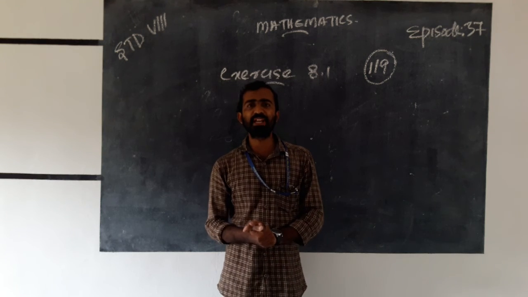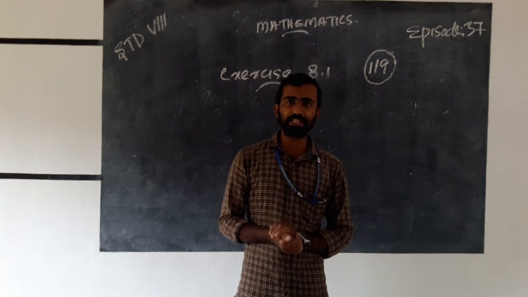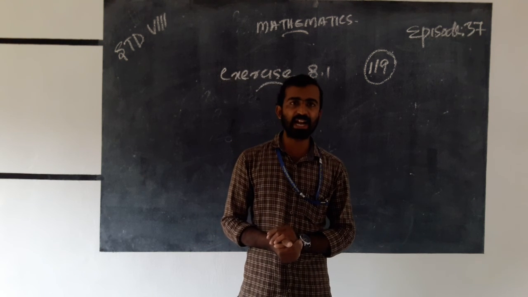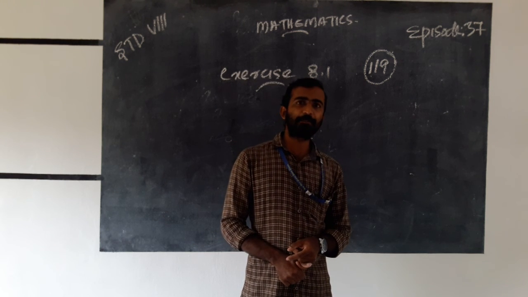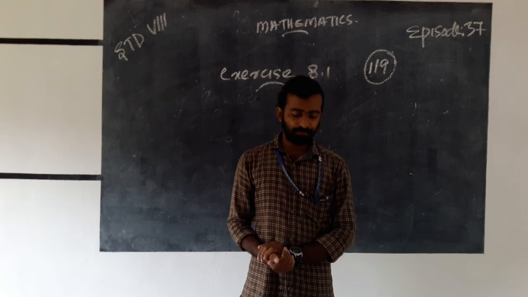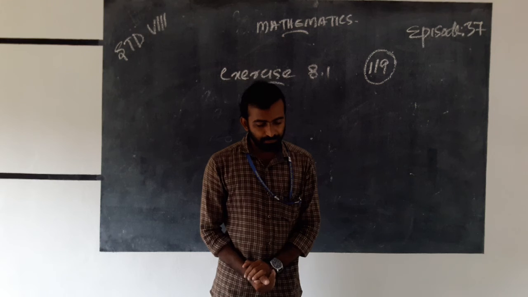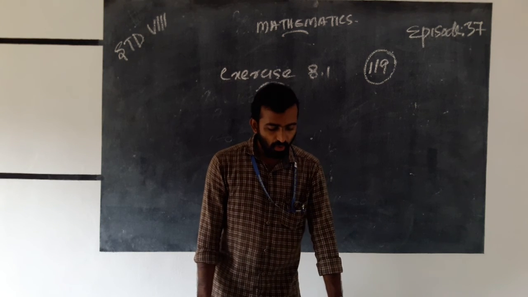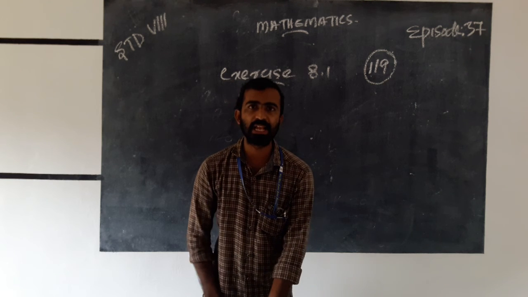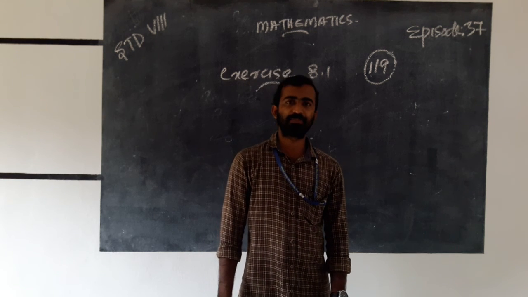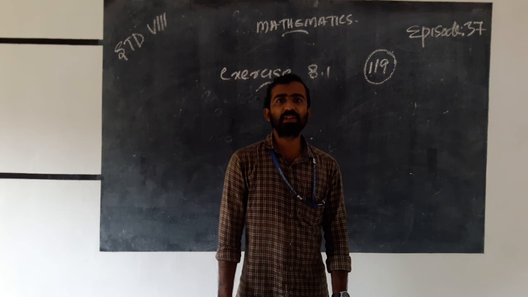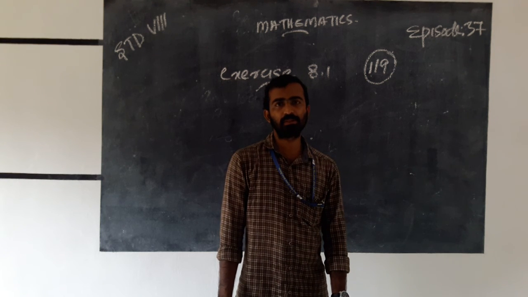First we rewrite the sentence: speed of a cycle 15 km per hour to the speed of scooter 30 km per hour. Is it? Yes. What is next?